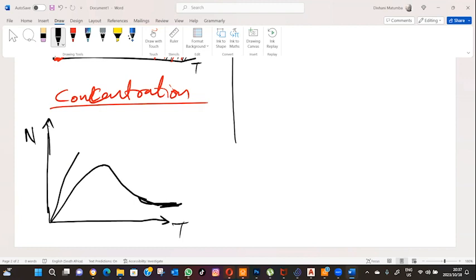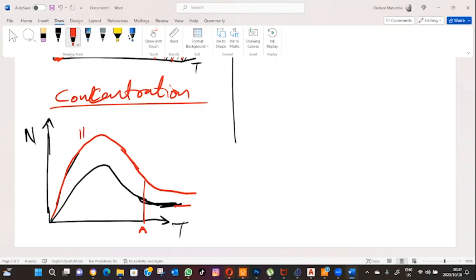If you increase the concentration, it means there'll be more particles. This is the activation energy.